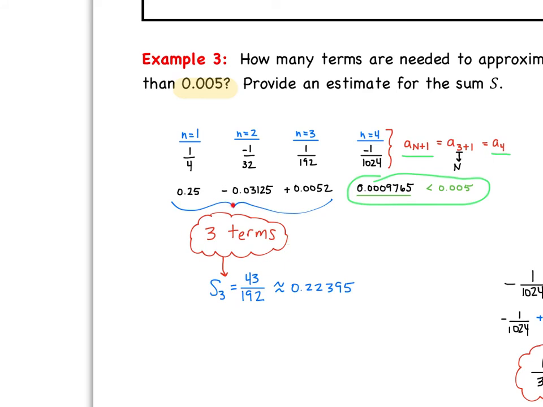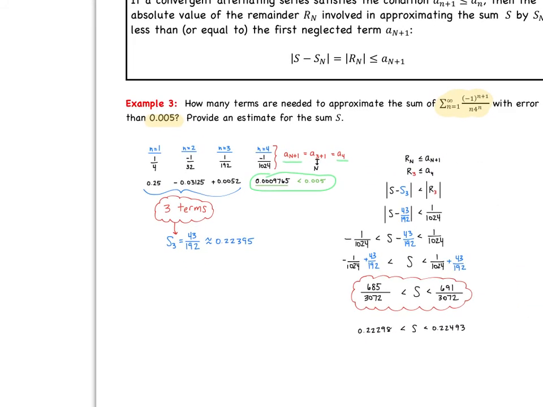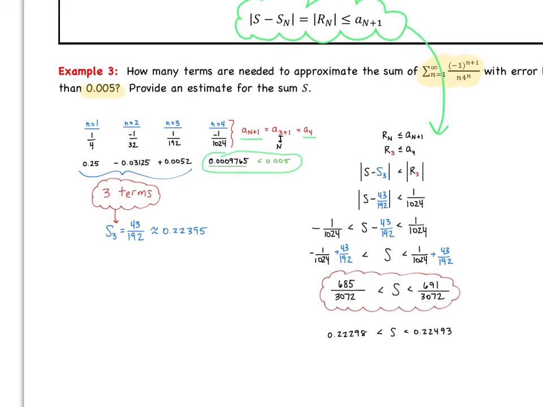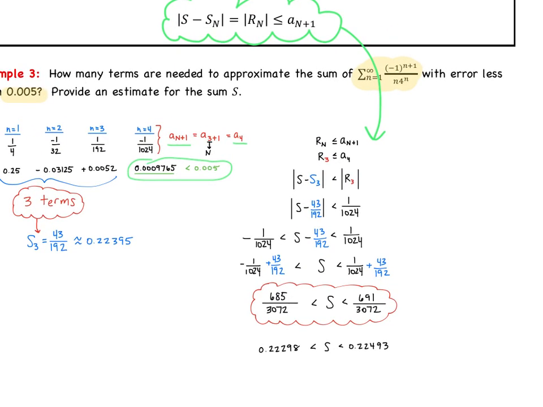So the first part of the question asked how many terms? Well, 1, 2, 3, because the fourth term is where I am less than this 0.005. That's where my error is. So we need 3 terms, which means we're going to be using S3 to approximate the overall sum. So using this formula from up above, R n is less than or equal to the absolute value of a sub n plus 1.